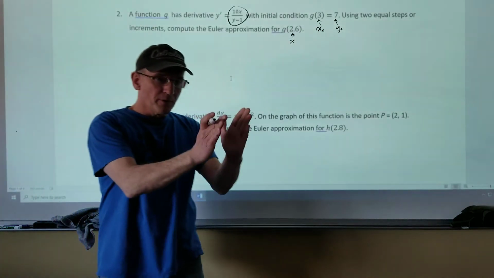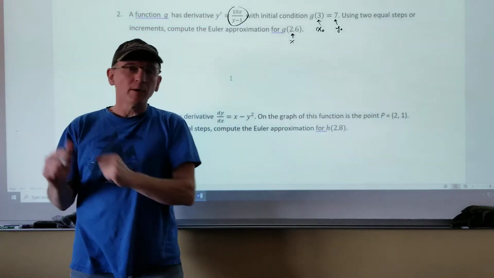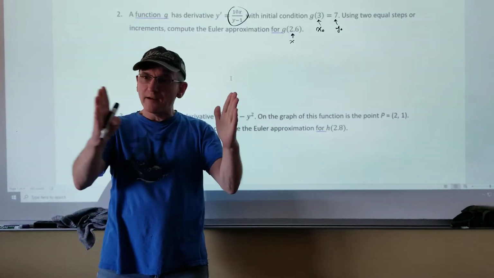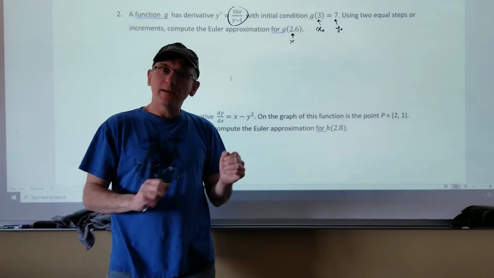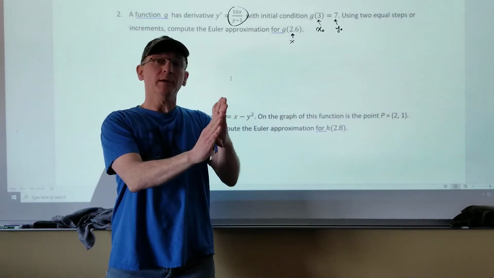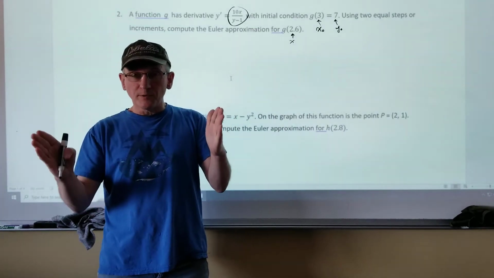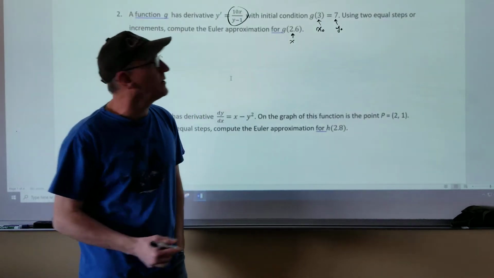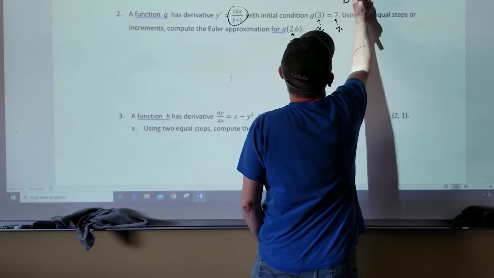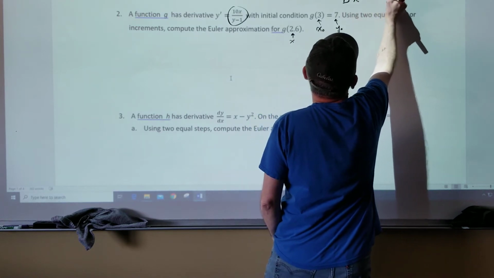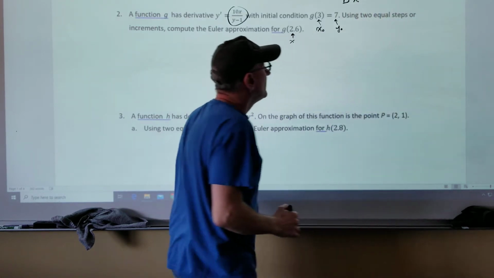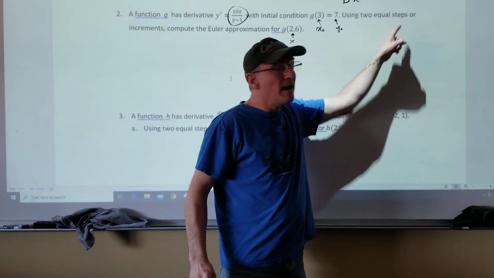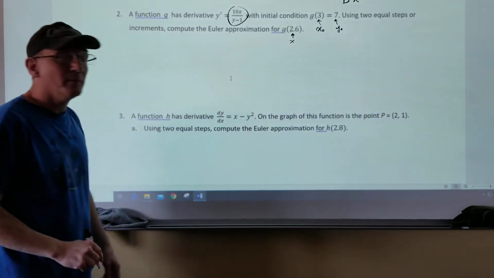If you're going to do that in 2 steps, each step has to be -0.2. So although they don't specify, it's not difficult to calculate the delta x for this problem. Delta x equals -0.2.